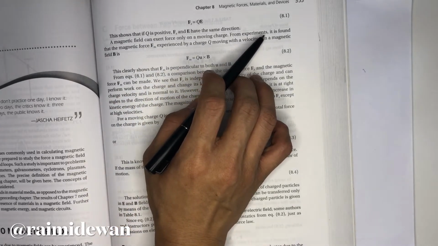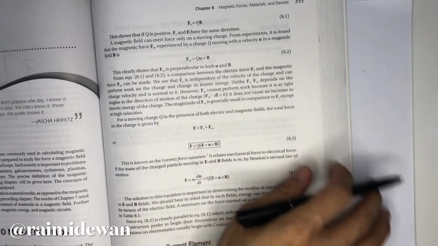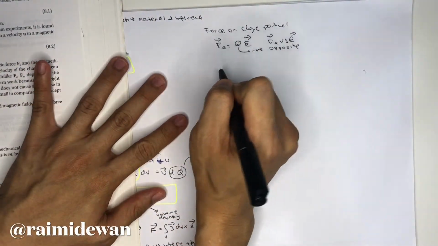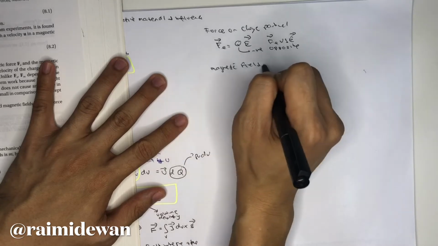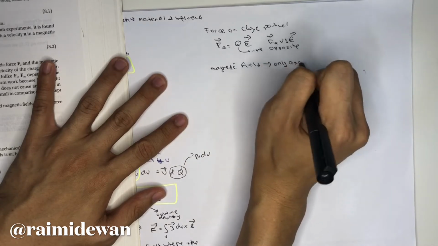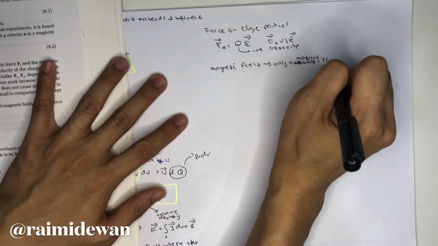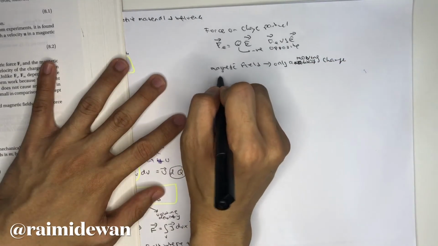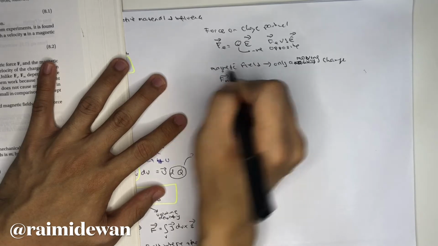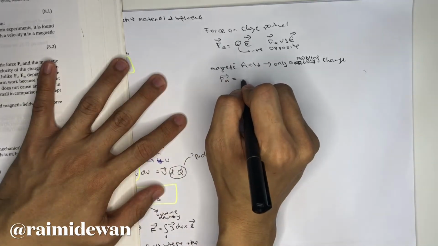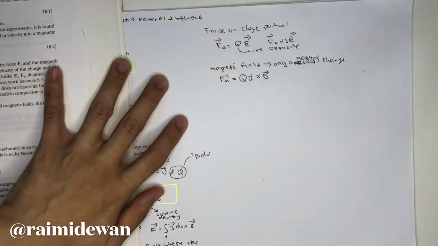From experiment, it is found that the magnetic force Fm experienced by a charge Q moving with velocity U in a magnetic field B is Fm equals Q U cross B, with your magnetic flux density.